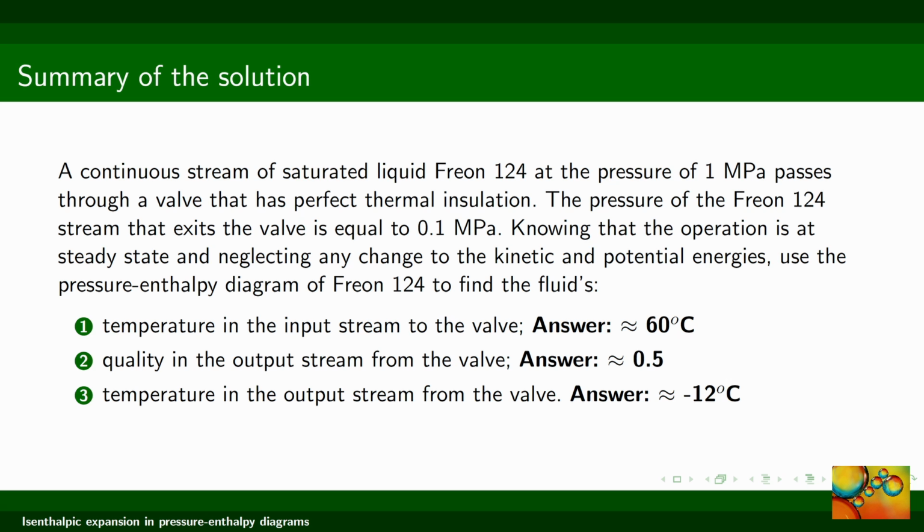The quality after the valve is 0.5, meaning that 50% of the mass is in the vapor phase, and the temperature of the output stream from the valve is equal to minus 12 degrees Celsius. Because such a temperature drop is achieved, this type of process is commonly used in air conditioners and home refrigerators.